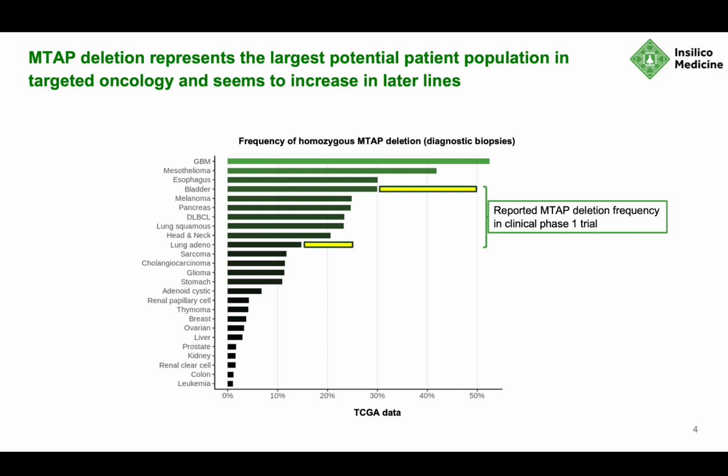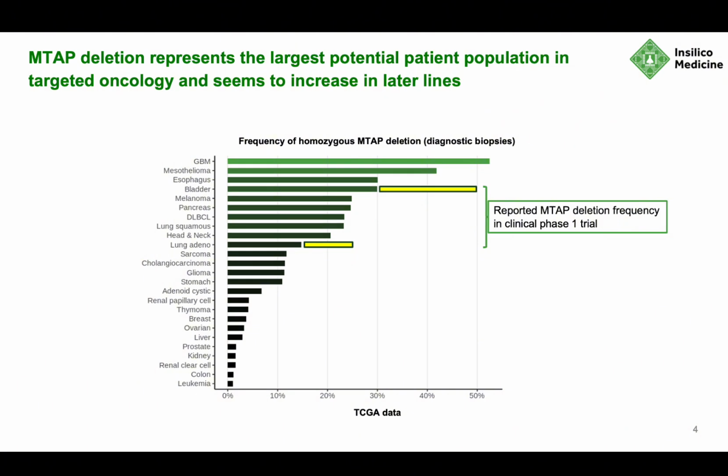But the patients that are being put on trials are those patients that have failed other therapies. And in that patient population, we're seeing almost 50% of bladder cancer patients, for example, have MTAP deletion. So again, this drives both aggressiveness and resistance to disease.